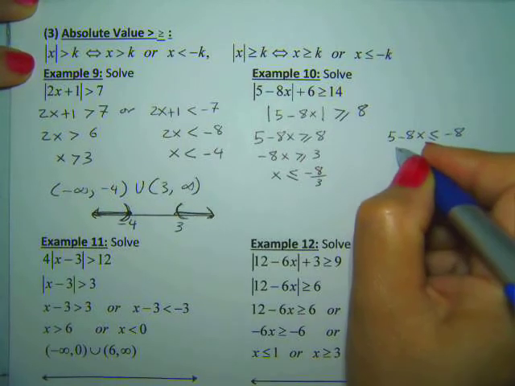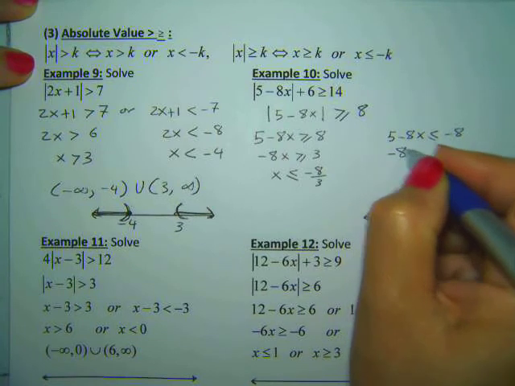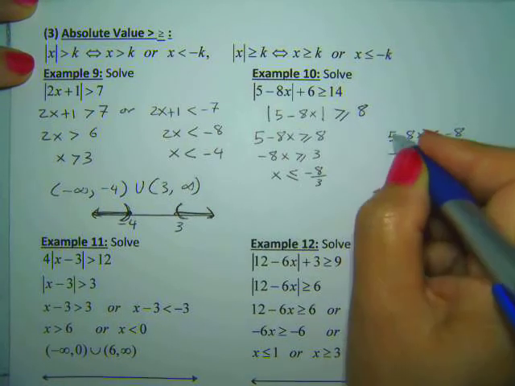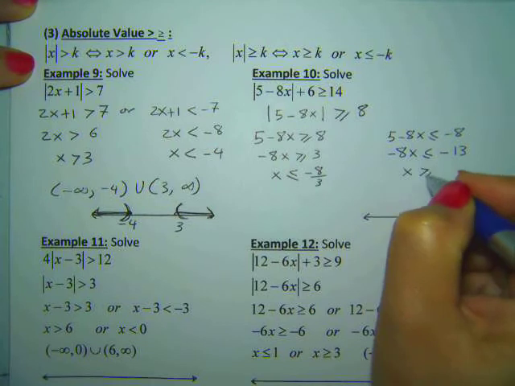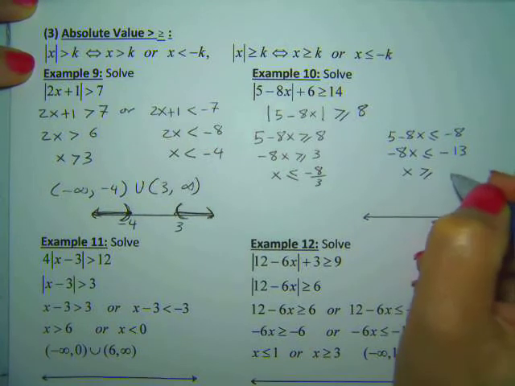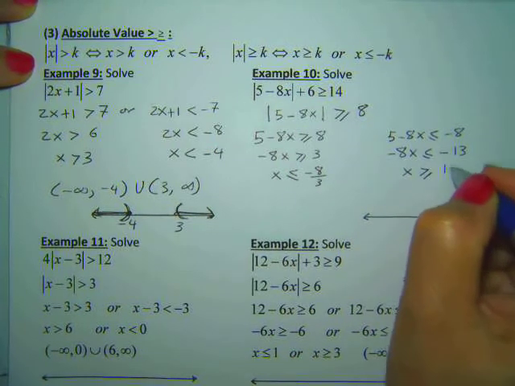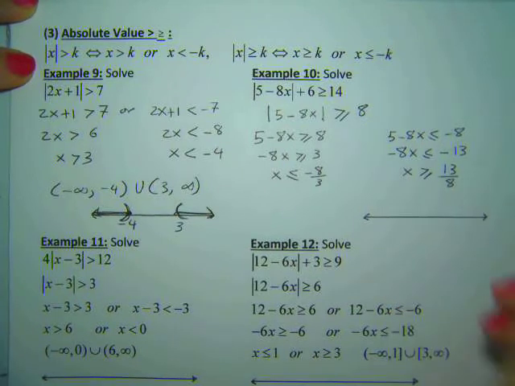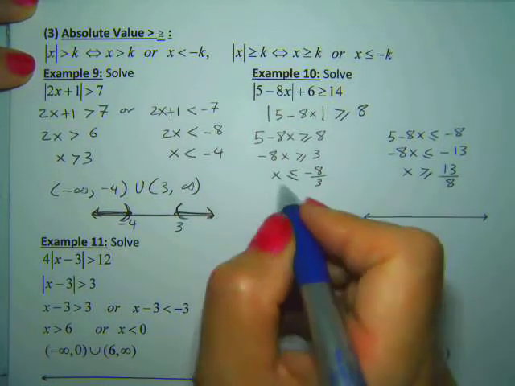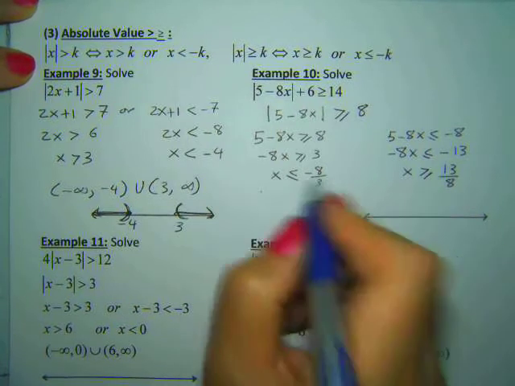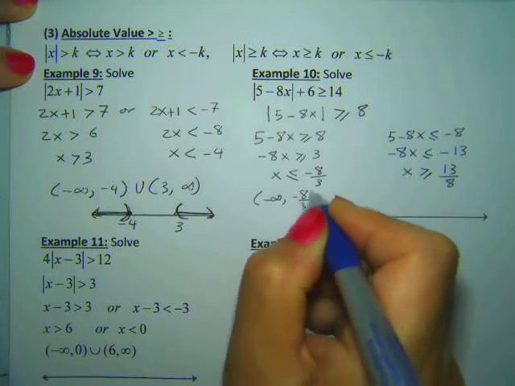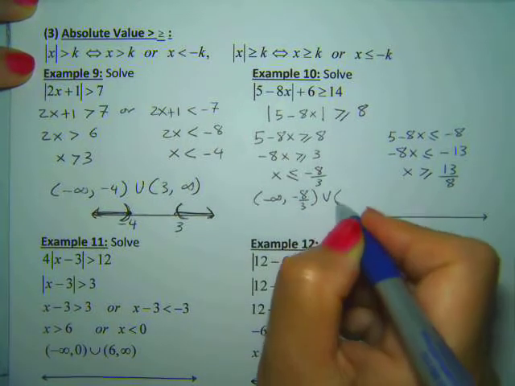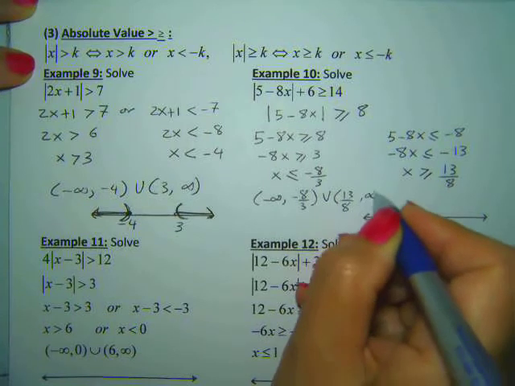And here subtract the 5. So negative 8 minus 5 is negative 13. Divide by negative 8. That will make the sign switch to greater than or equal, and negative divided by negative is positive. Nothing can be simplified. So the interval notation is less than or equal. So this is negative infinity to negative 1/3 union 13 over 8 to infinity.